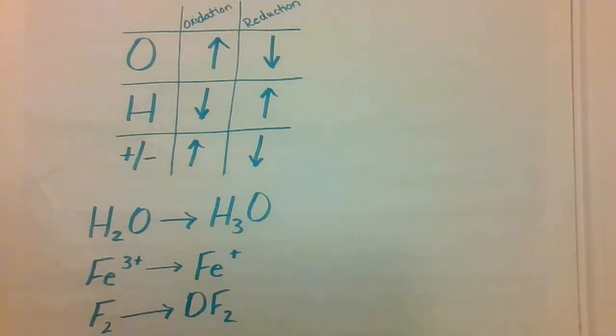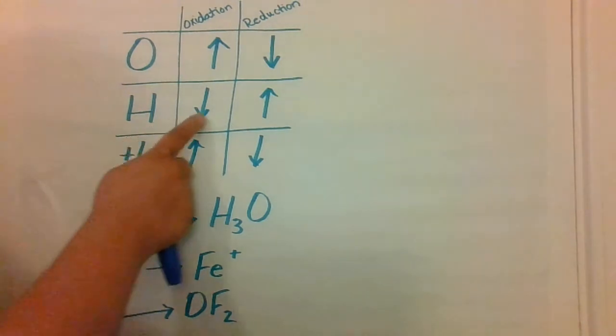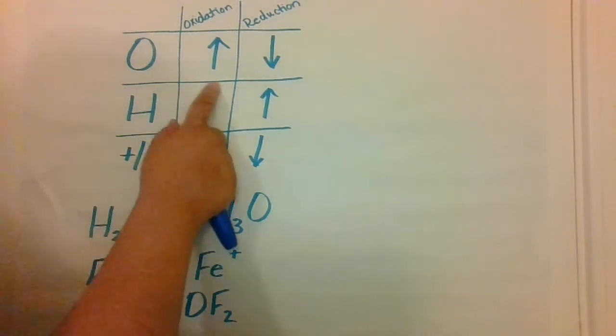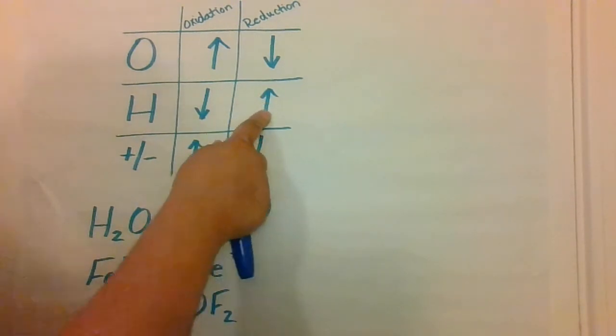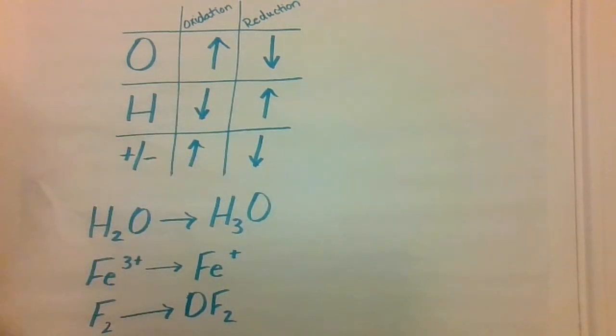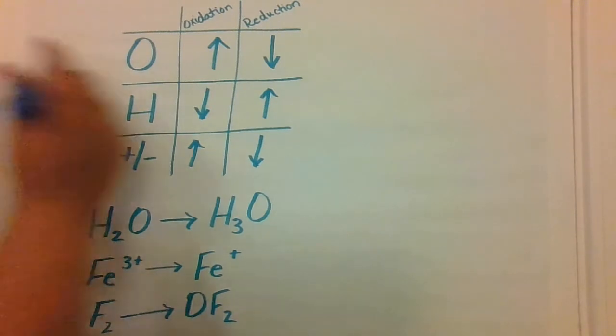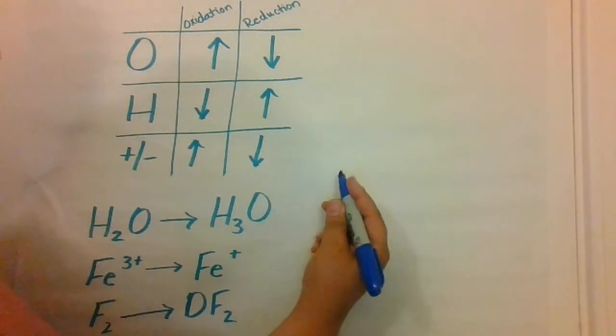According to our chart, if we have had an increase in hydrogen, what type of reaction has occurred? We didn't have a decrease. We had an increase. So it went up in hydrogens. So we have had a reduction occur.